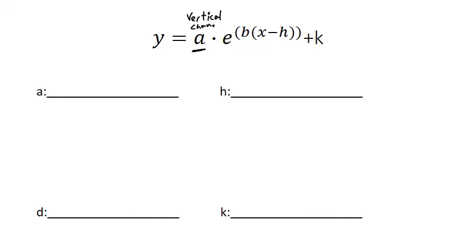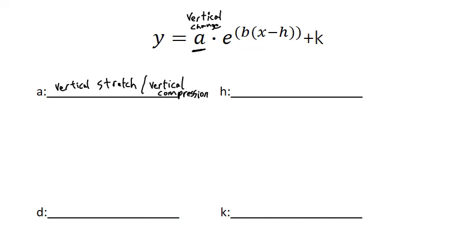In terms of how it changes vertically, what we noticed was that a is going to produce either a vertical stretch or a vertical compression, and it depends on what value a has.